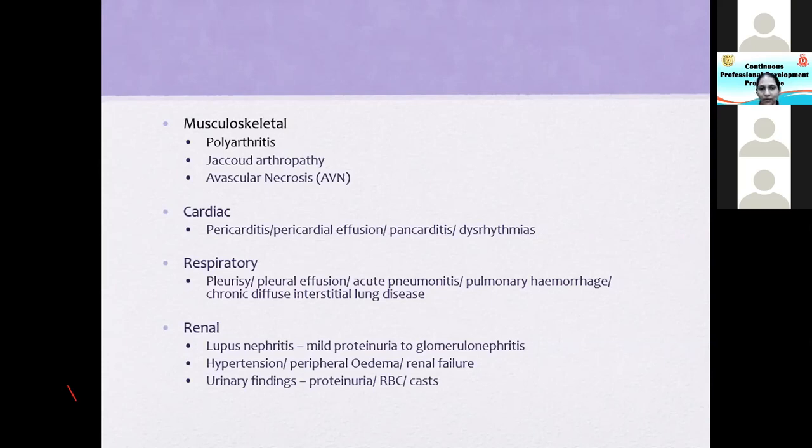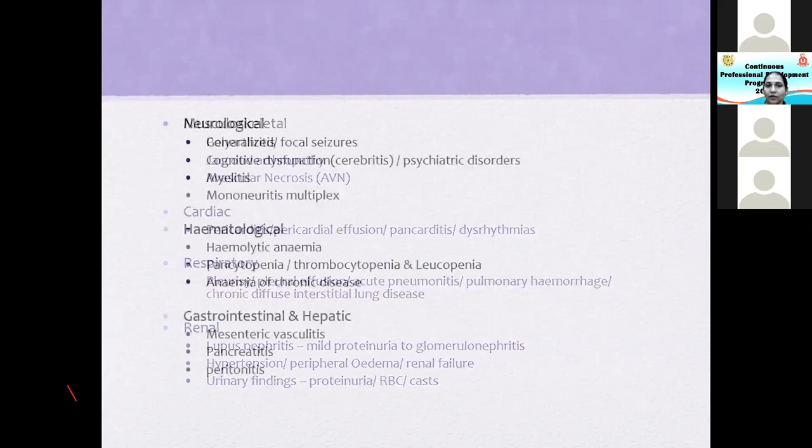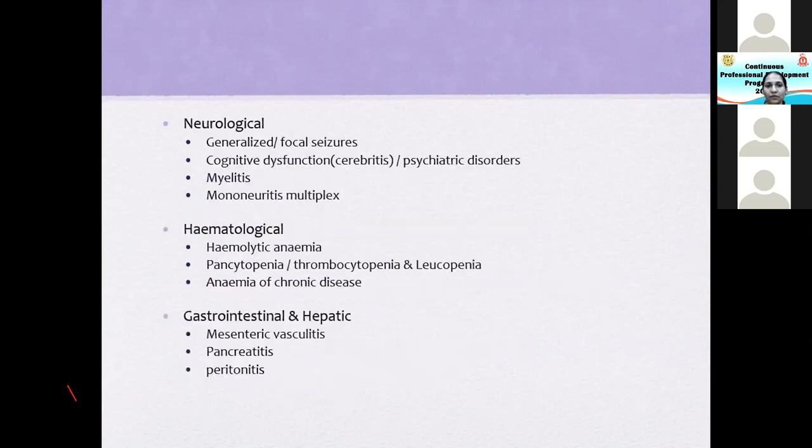Renal involvement, lupus nephritis. It can range from mild proteinuria to glomerulonephritis, hypertension, renal failure, and in neurological involvement, generalized focal seizures, cognitive dysfunction, psychosis, psychiatric disorders, myelitis, transverse myelitis, mononeuritis multiplex are some of the clinical features.